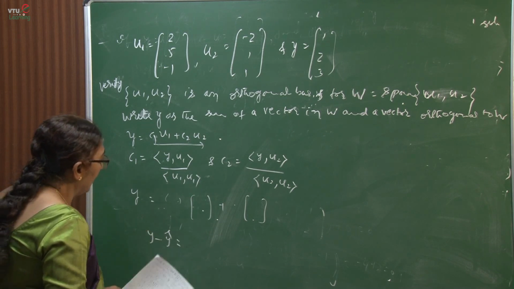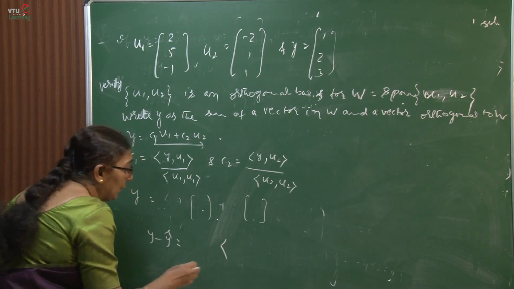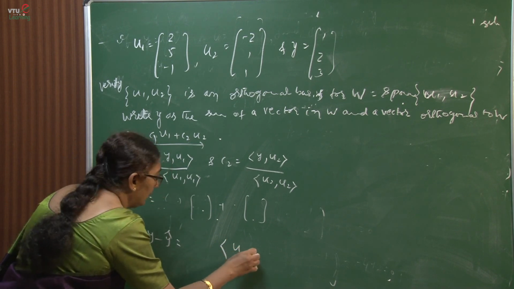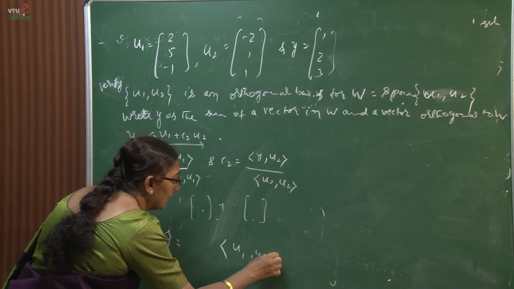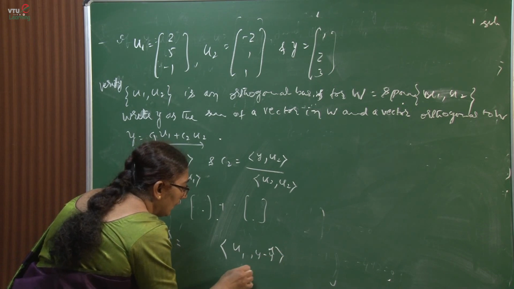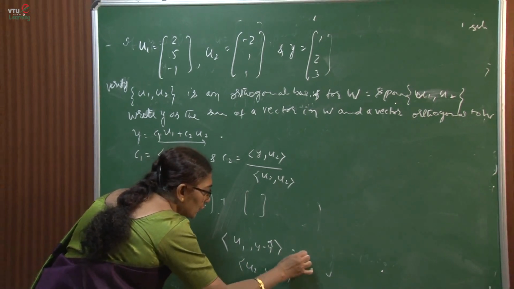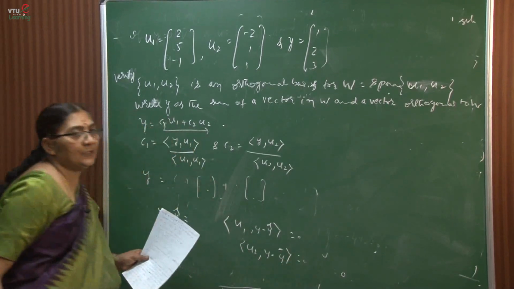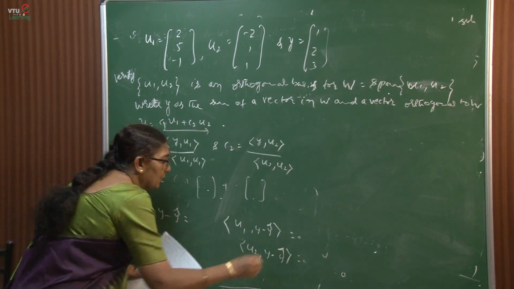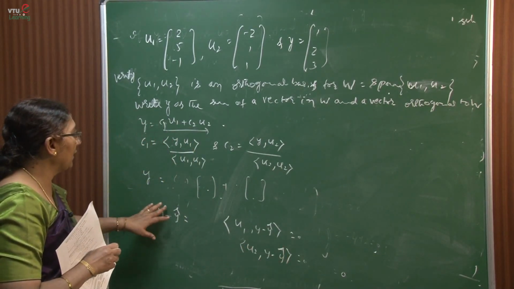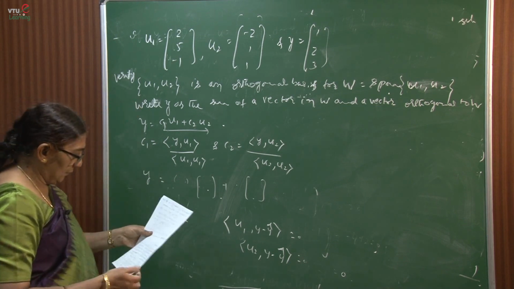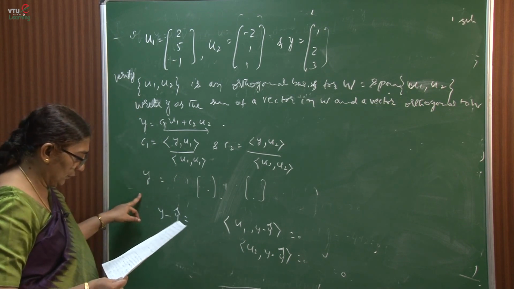You calculate it and verify the inner product of U1 comma y minus y cap, inner product of U2 comma y minus y cap. These two must be 0. These two must be 0. First you calculate y cap. Y cap means proj of y.